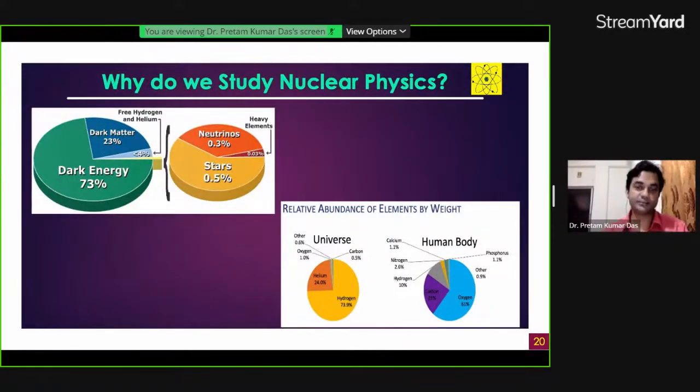So then if we see the matter composition of our universe, almost 96% is still unknown to us. We can explain just 4%, and the 96% is dark matter and dark energy.